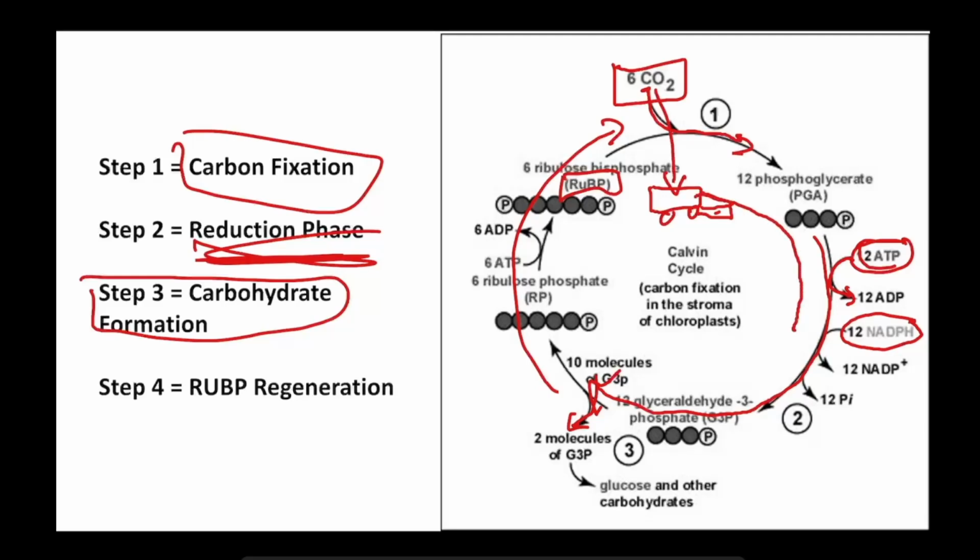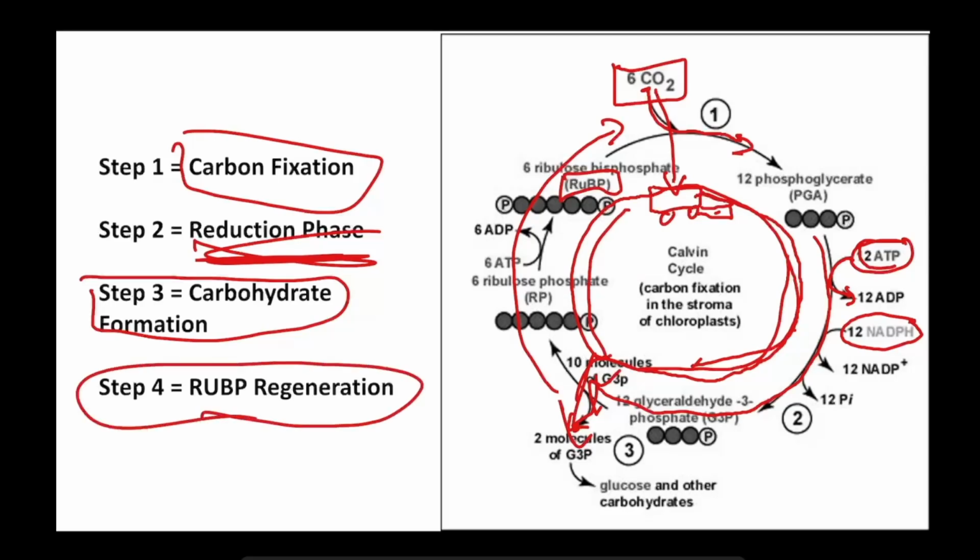Other things are coming into the dump truck, mixing, and then it dumps its container, which is half of a sugar, and then it comes back up, gets more carbon dioxide, goes back down, gets modified, dumps its container, comes back up. So we call that dump truck getting refilled Ruby regeneration, or ribulose bisphosphate regeneration.